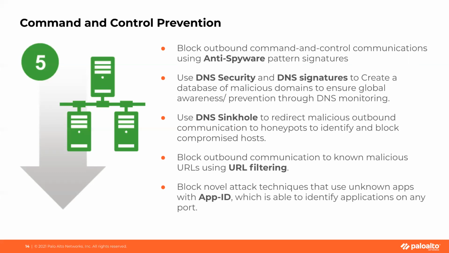Next to the patterns, we have DNS security and DNS signatures, which target DNS traffic and look at domains being used in DNS traffic. DNS signatures are something that's updated on a regular basis, whereas DNS security is a full-blown cloud service where the Prisma Access firewalls will query the cloud service for each domain they need to check.